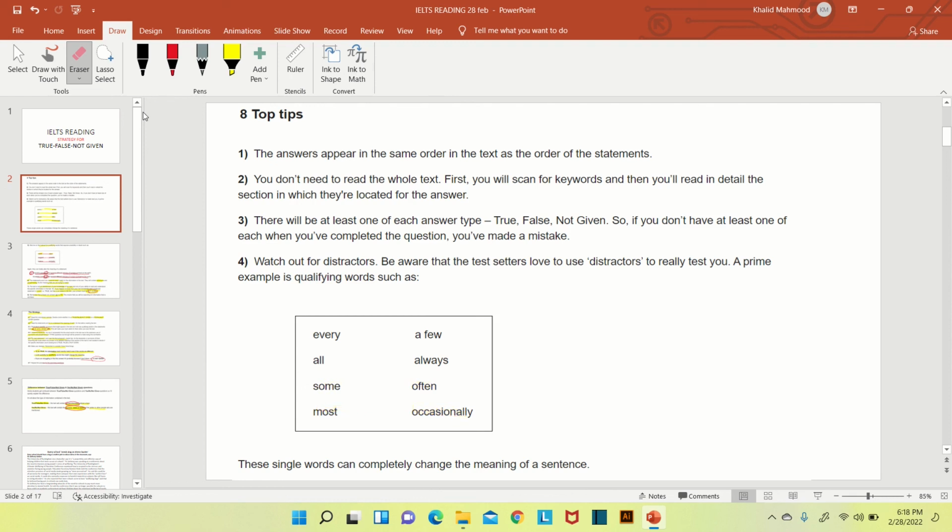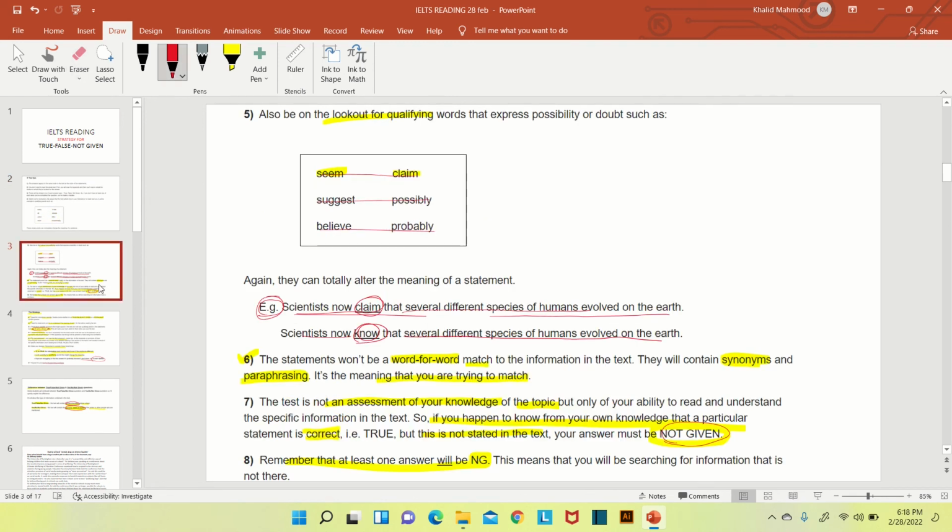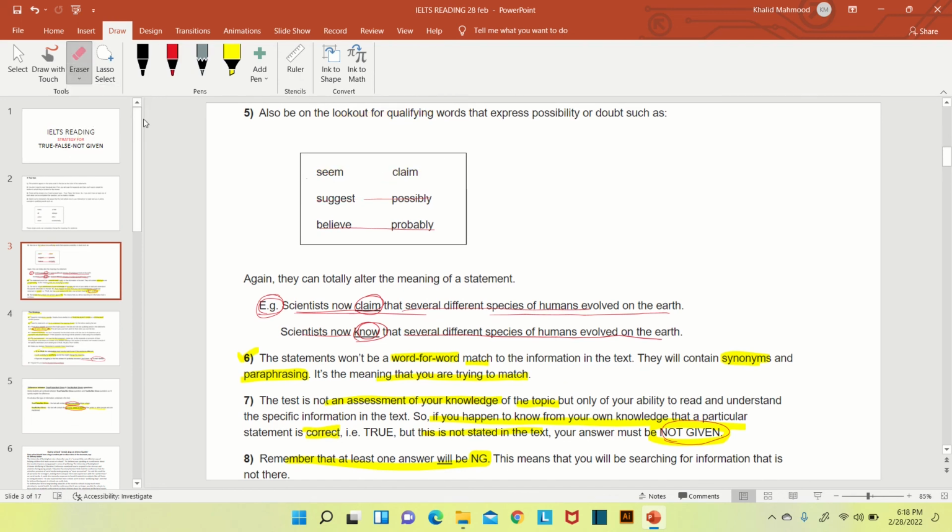Even though they mean the same thing, they may confuse you. This is the fifth tip: seem, claim, suggest, possibly. There are many words like this. If you want me to make another video about all these words, let me know in the comment section down below. I will try to make new videos about words and synonyms of words.